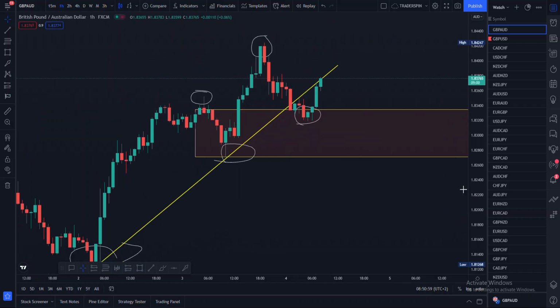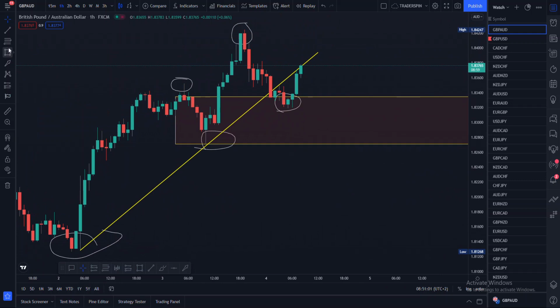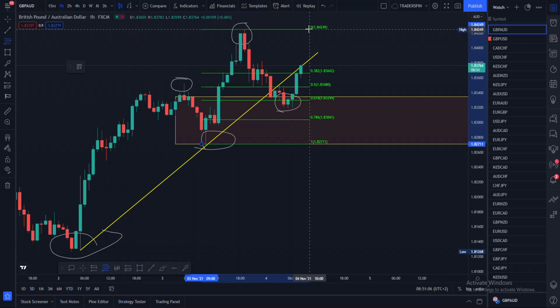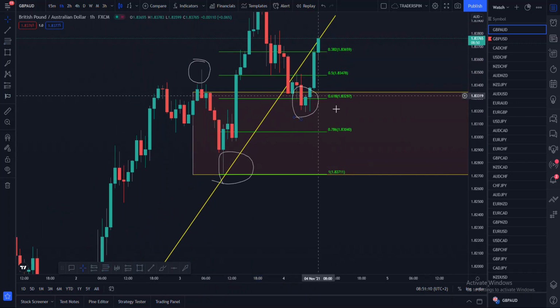But before we get into that, remember I said we then have to confirm using our Fibonacci, and our Fibonacci retracement tool is at the 0.618 zone, which is cool. Remember, you take your entry starting from the 0.5 zone, the 0.618 zone, and the 0.786 zone.